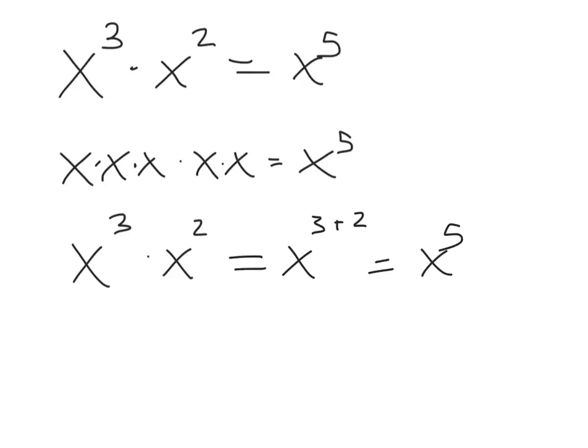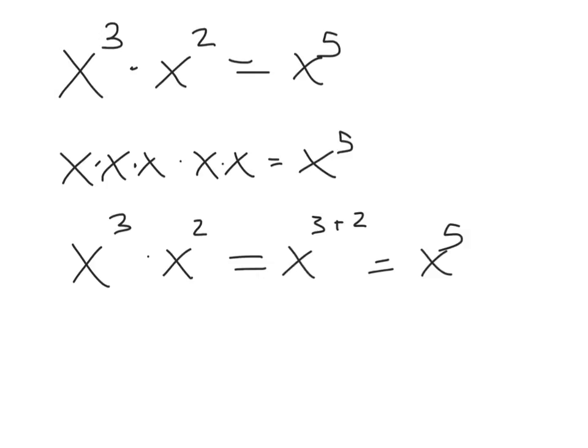But if you write them out and add up how many x's and write the exponent, or if you add the exponents because the bases match, doesn't matter. Either way, you get x to the 5th.